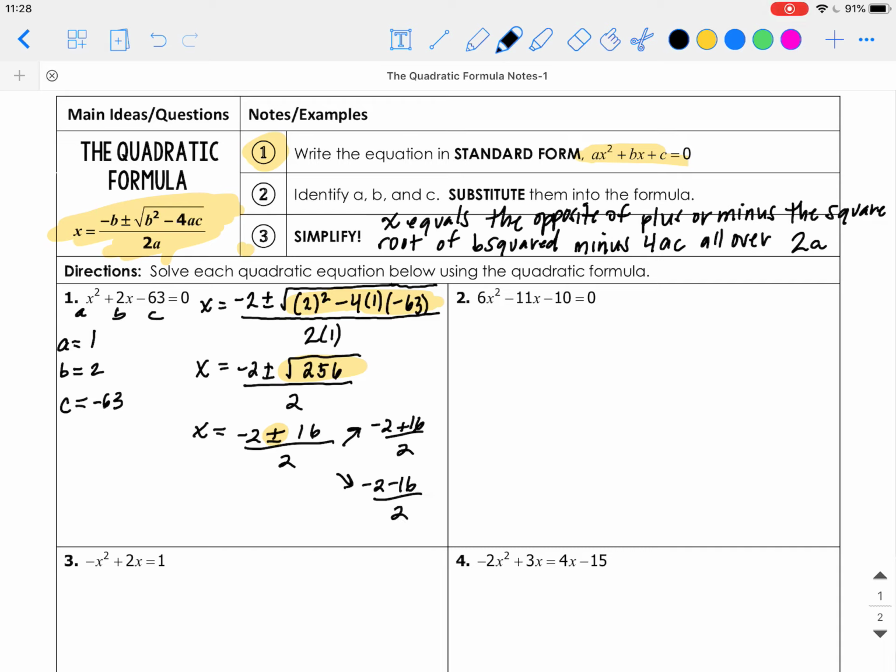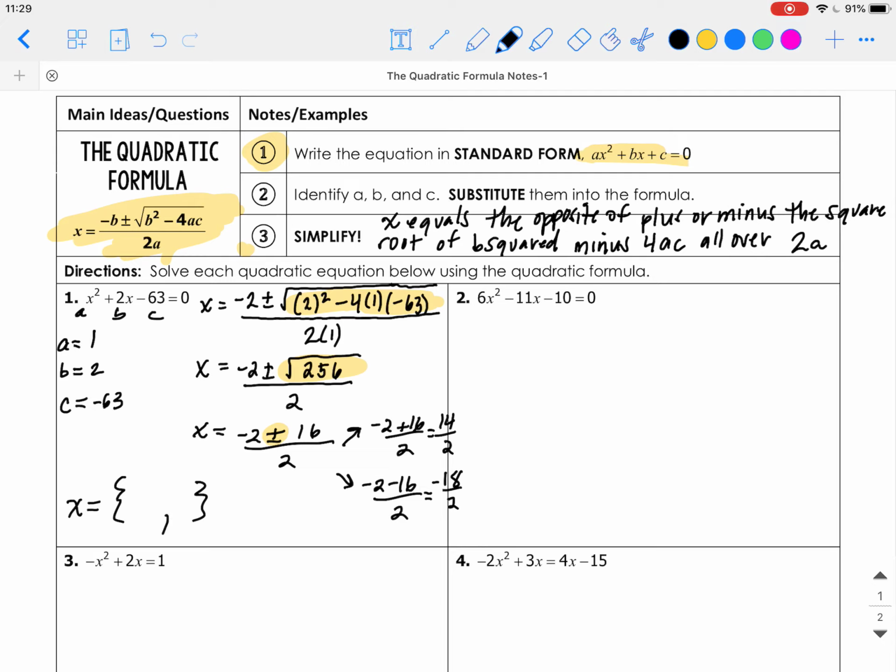So now how this simplifies is negative 2 plus 16 will give me 14 over 2. And negative 2 minus 16, I'm getting more negative, will be negative 18 over 2. Negative 14 over 2, let's write this x equals, will simplify to 7.